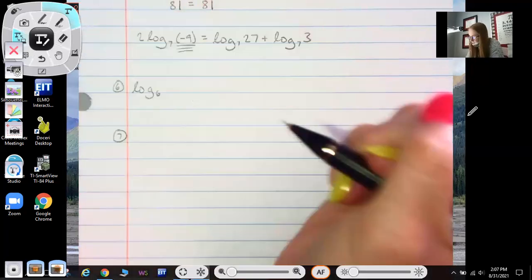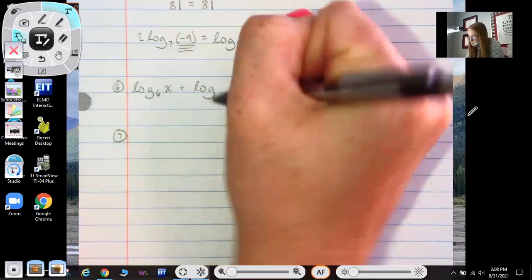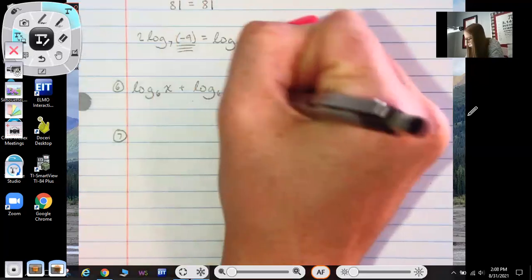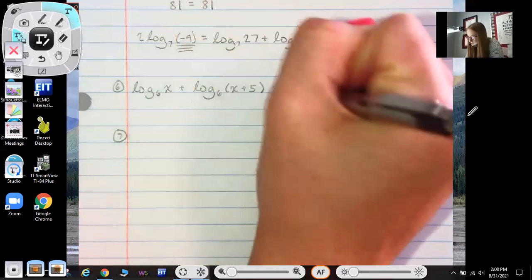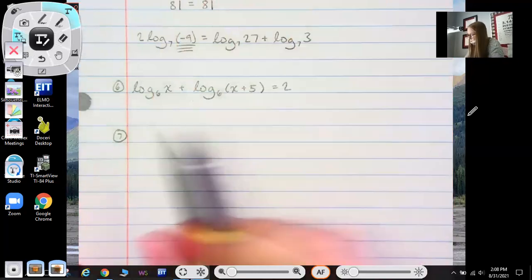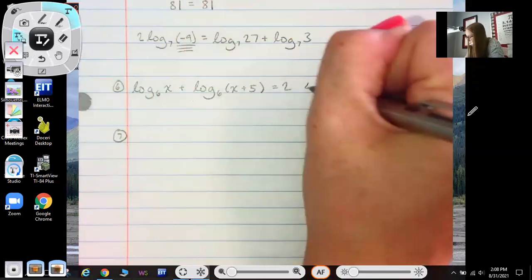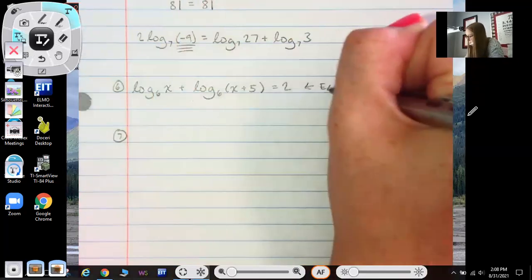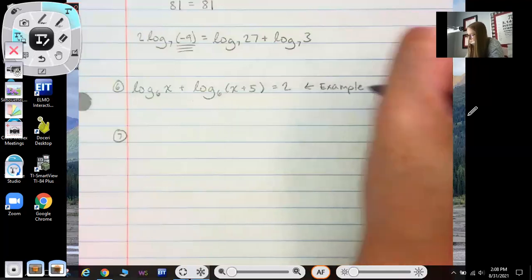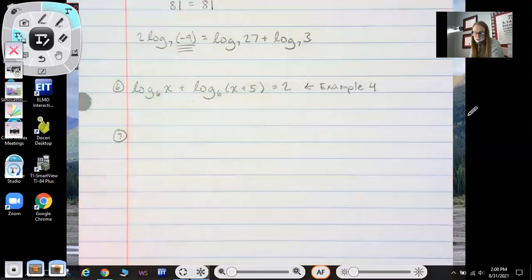First one, log base 6 of x plus log base 6 of x plus 5 equals 2. This one is almost exactly like example 4. You can pretty well follow the same steps that we took in example 4.